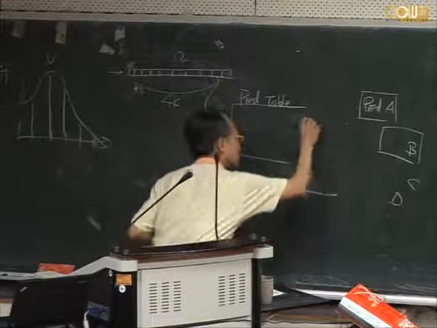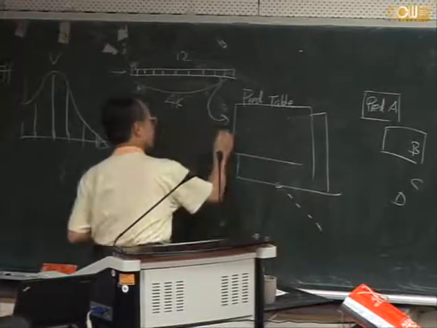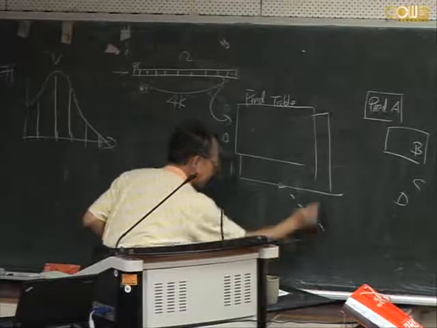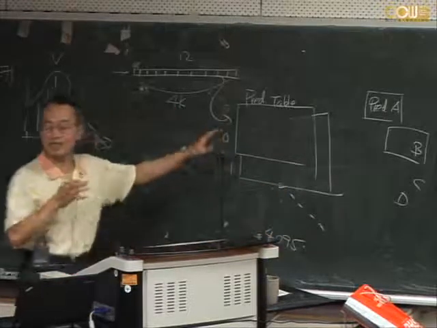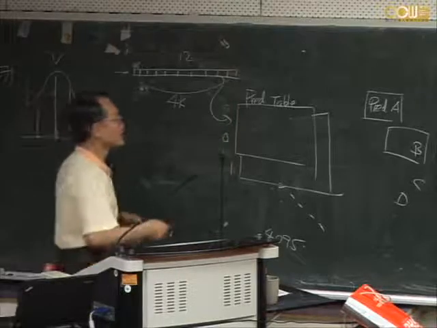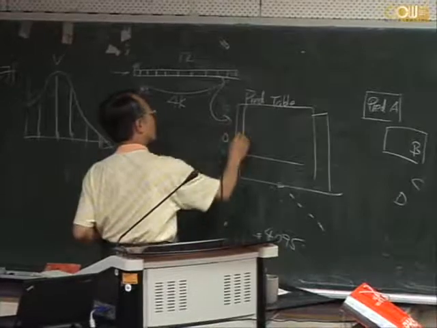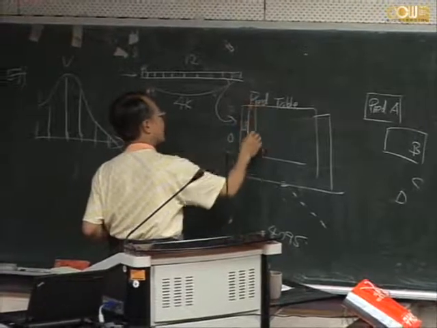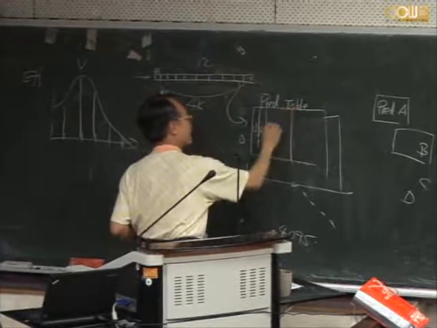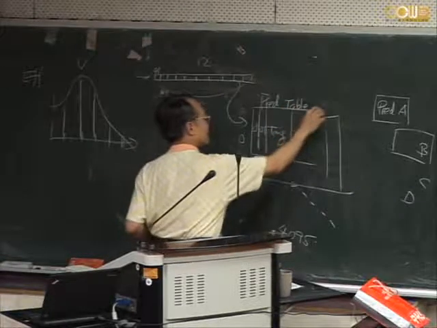So how many tables will I have? 0, 1, all the way up to 4095. I have 4K such tables. Since there are so many tables, in every table I have only one entry: valid bit, prediction information, target, and what else?